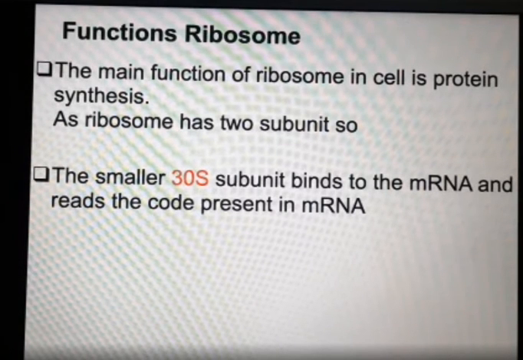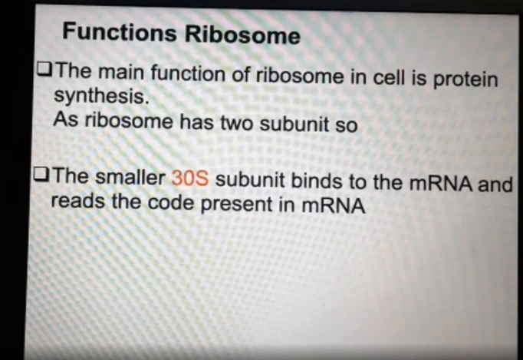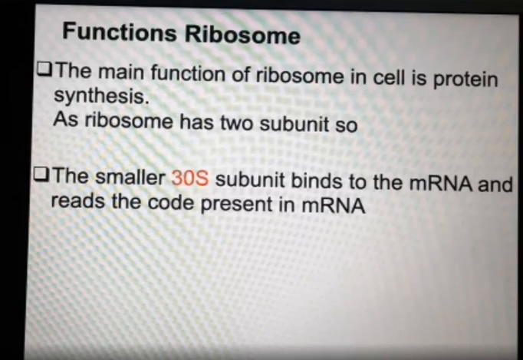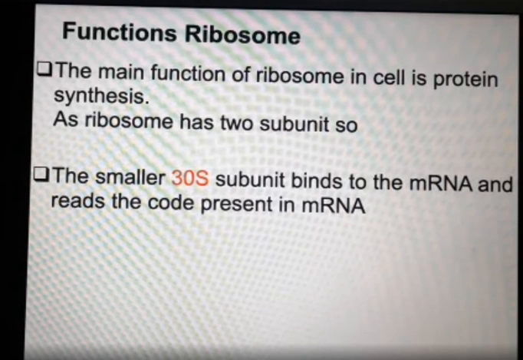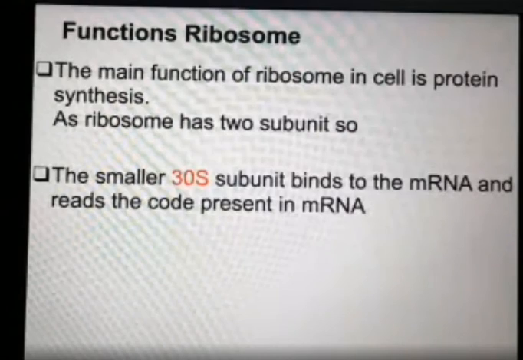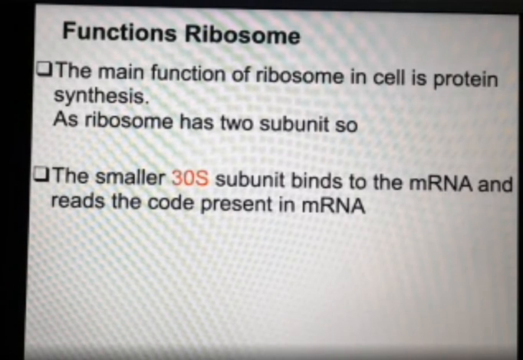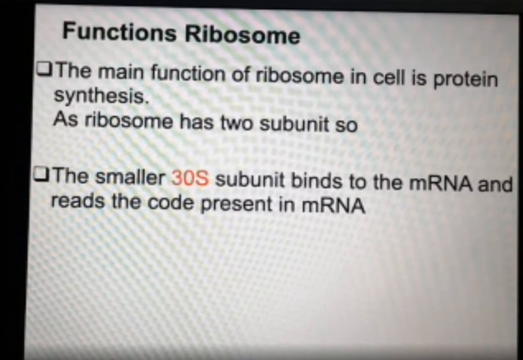We have seen that this messenger RNA, which was formed in the nucleus, moves from inside the nucleus to the cytoplasm, where it finds these ribosomes. From these ribosomes the codons and anticodons were joined together, and they formed the long polypeptide chain, and these polypeptide chains were converted into particular proteins.